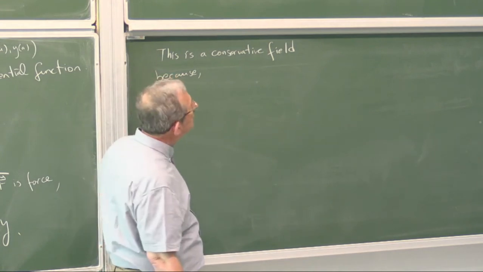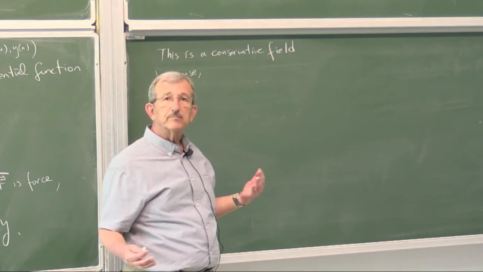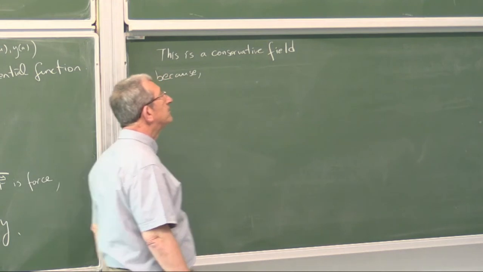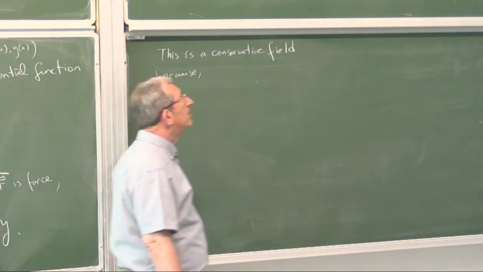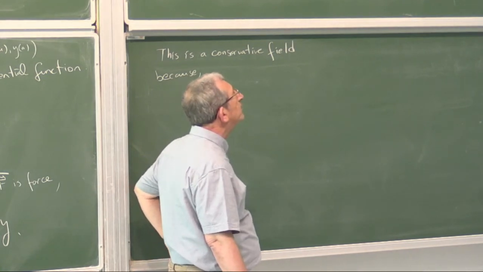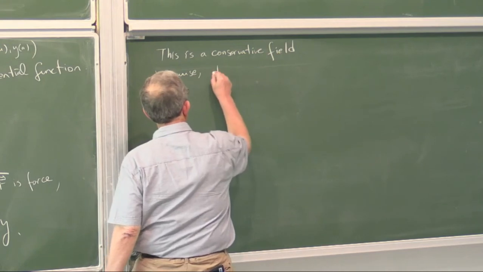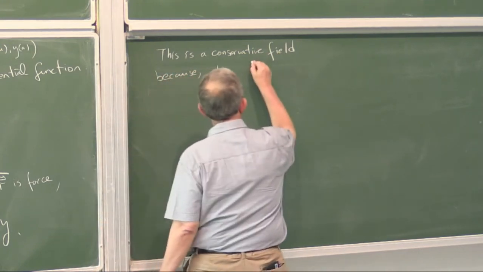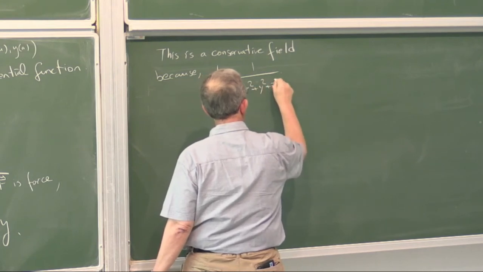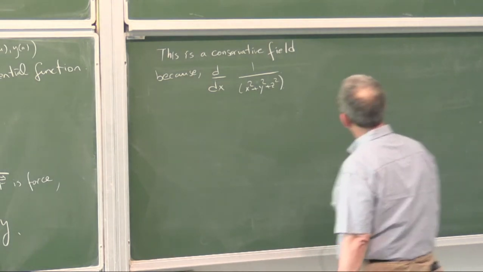Well, if that's the derivative with respect to x, we should integrate it with respect to x. What do we get if we do this? You can check quite easily that what you get is exactly the derivative of 1 over the root of x squared plus y squared plus z squared.